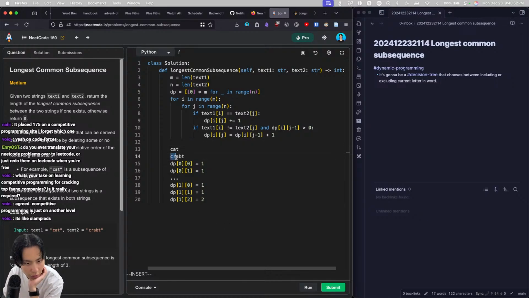So now if you have DRA and C. If you have C and CR, then because C is already consumed, you know the rest is just going to be the smallest of the two.